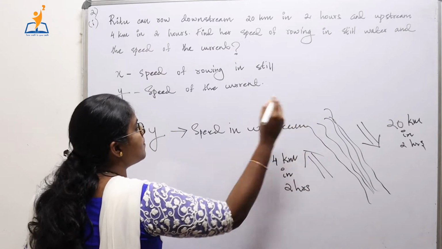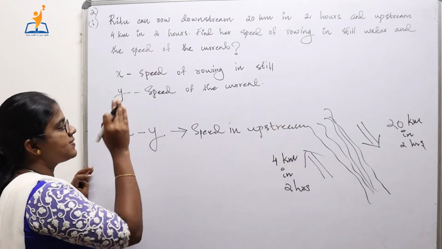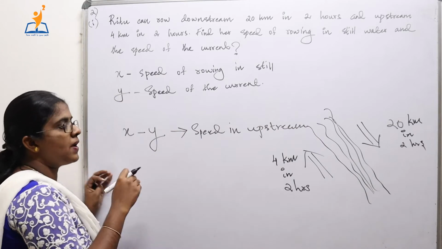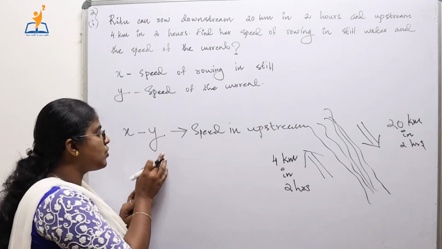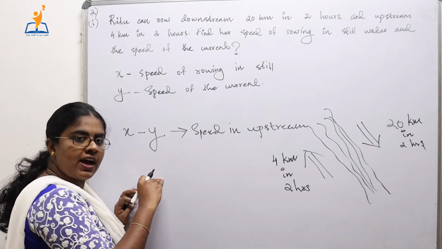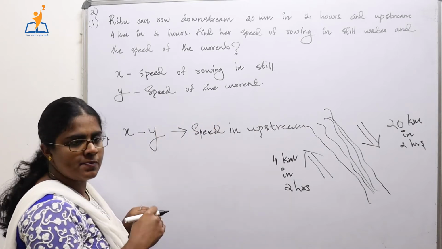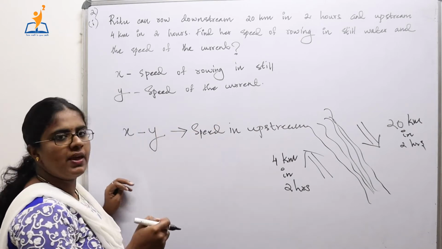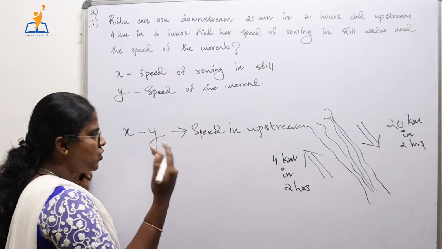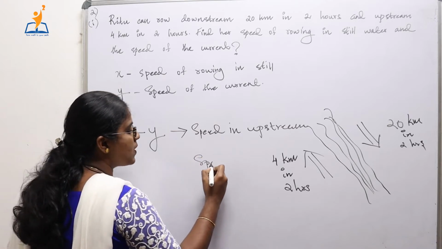So x minus y will be the speed in upstream. Is it clear? Because x is the speed in still water and y is the speed of the current, one has to row against the speed of the current in order to row upstream. So speed in upstream will be x minus y. So what will be the speed in downstream?